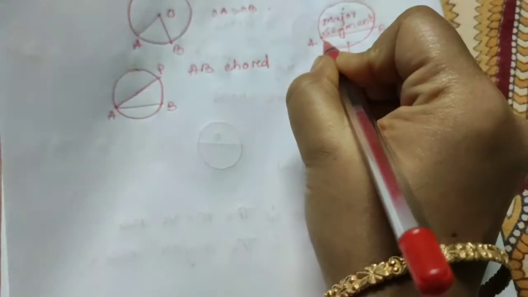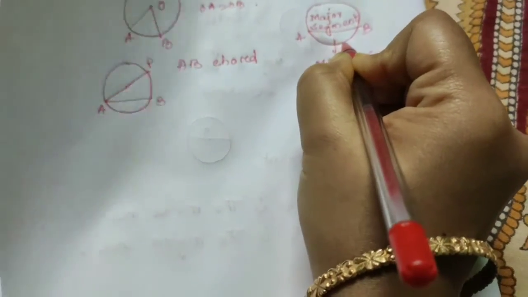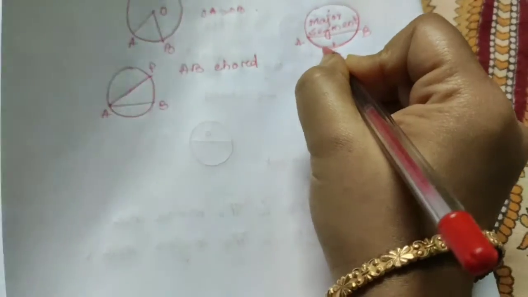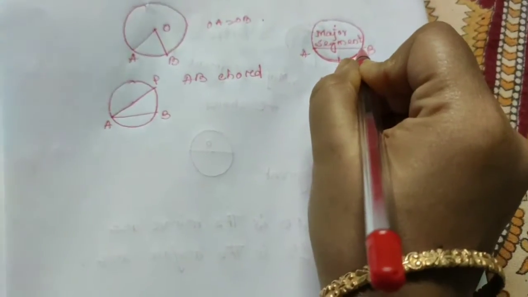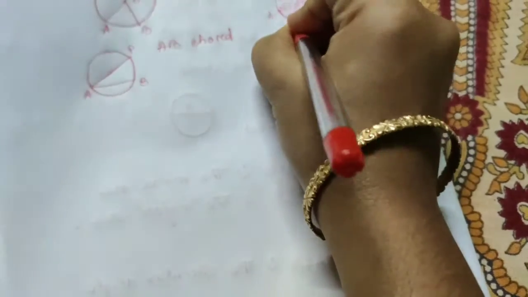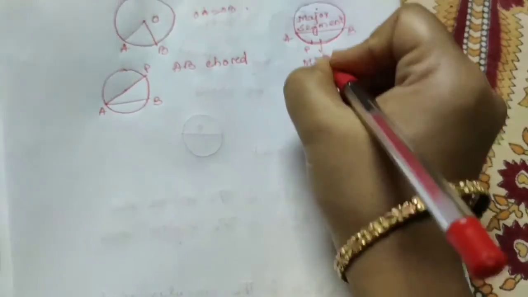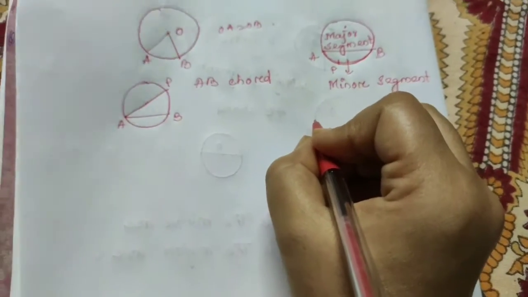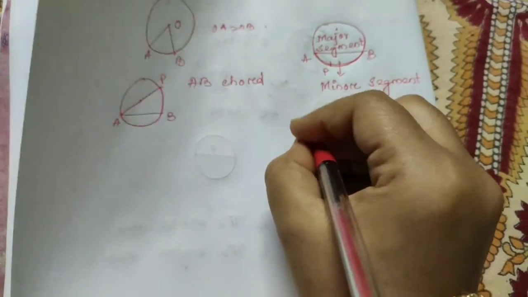Now the circular part from the point A to the point B, the curved line, is known as an arc of the circle. I am taking another point P on the circumference of the circle, on the arc AB.